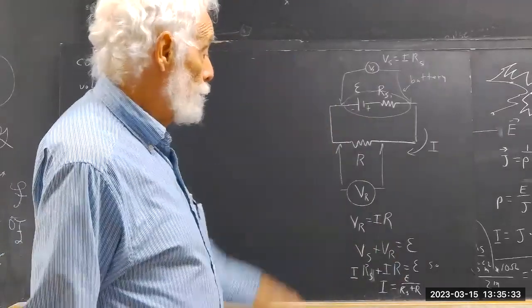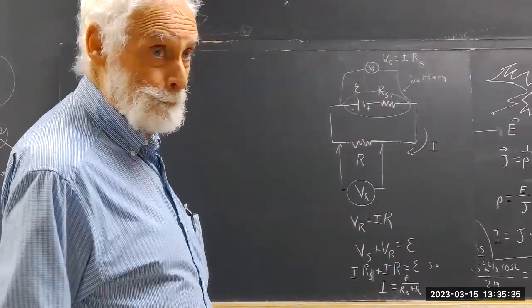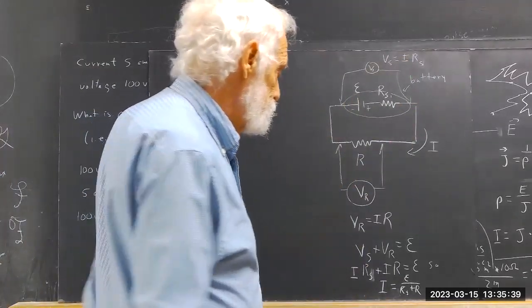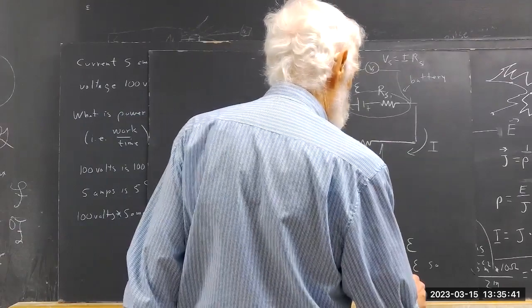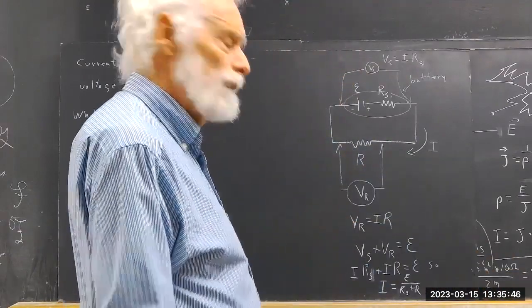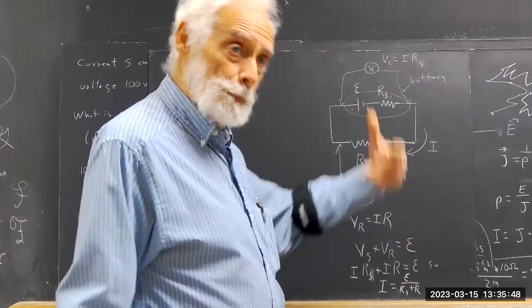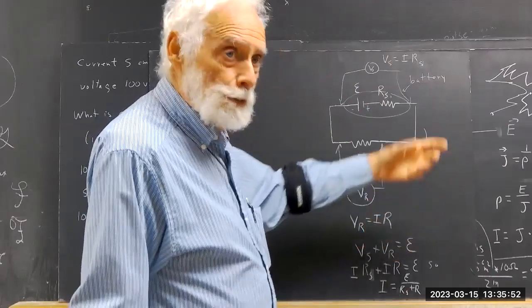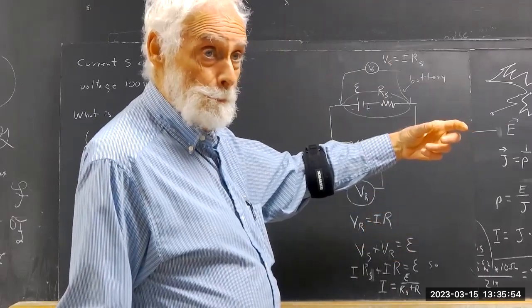So if you've got a 1.5 volt battery, the standard batteries, AA, AAA, C and D, are all 1.5 volt batteries.